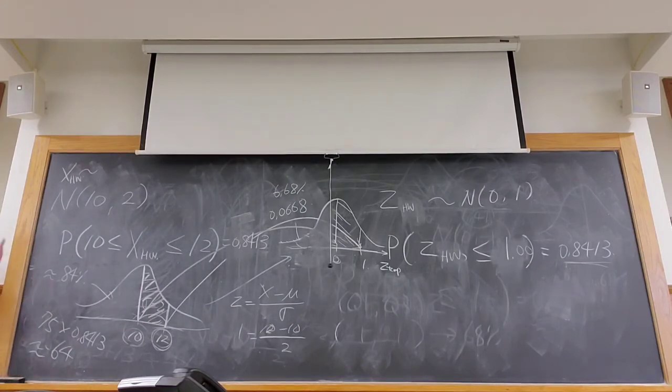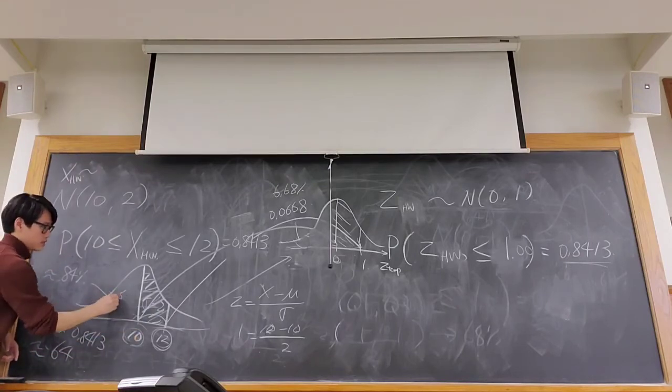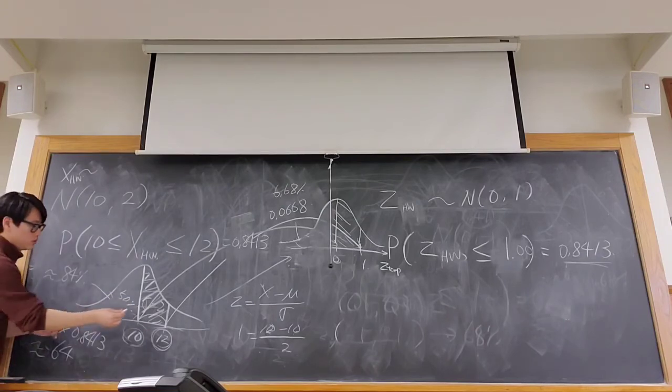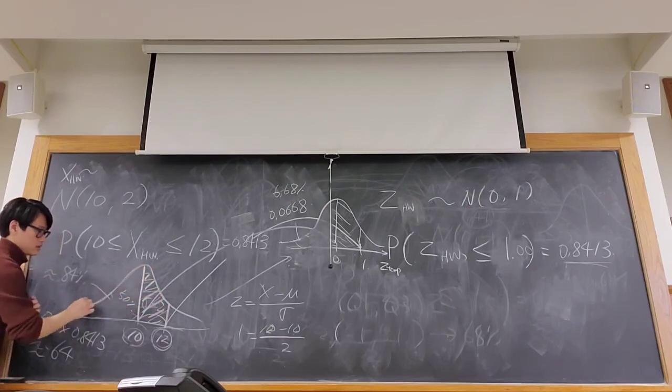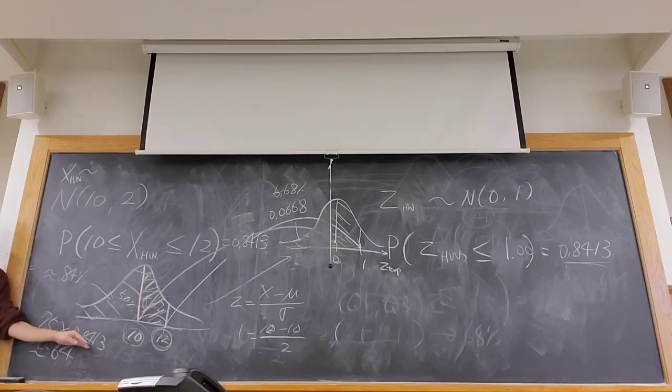We don't need to redo all the things because we know the standard normal and the normal distribution is symmetrical. So if I take the mean of that, it should take 50%, half of the distribution, right? And we already know the whole range takes 84%.